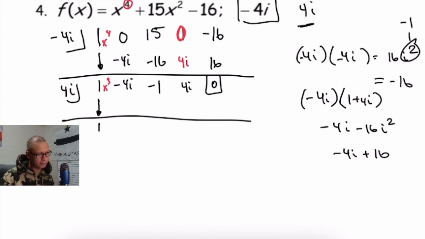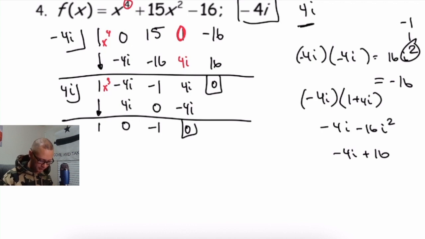When you do a complex number, that first time it's always complicated. The second time it's always easy. When you multiply, this is going to be positive 4i. When you add, you get 0. See what I'm saying? So when we multiply, we get 0. We add negative 1. We multiply, we get negative 4i. Then we get 0.